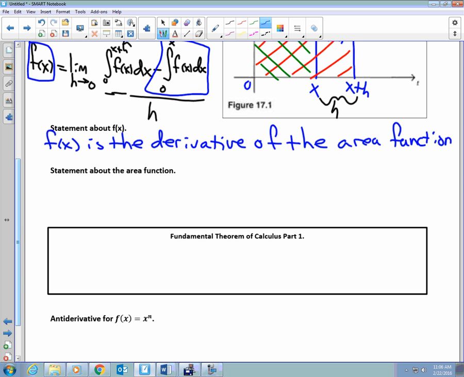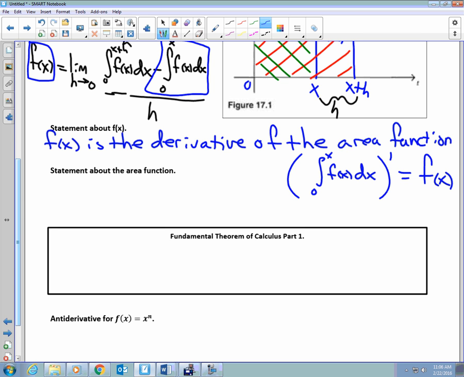So what that means is if you have an area function 0 to x of f of x dx, and you want to take the derivative of it, you would get the function. So what does that mean? Well, often in these problems, we're given the function, right?